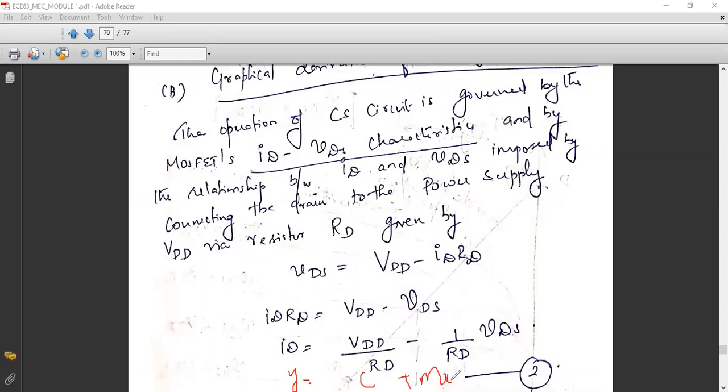As you can see, this is your x term which you are plotting on the x axis, so this can be considered as x and this as y. This will be the constant C. So from this, minus 1 by RD can be considered as the slope m for this particular equation.